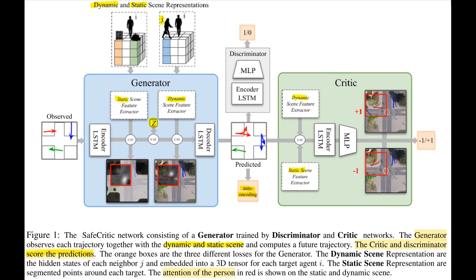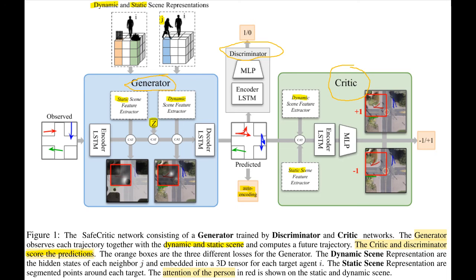Another example, this time it was more for prediction. What I find elegant is that you still have this structure of discriminator and generator, and the metric behind it is accuracy, because one of the objectives is the imitation accuracy. That means it has to be consistent with the observed input that you add from the demonstration. And in addition, they have another objective, which was that it should also be good in terms of safety. That means at the end of the day, the generator is outputting some trajectory.